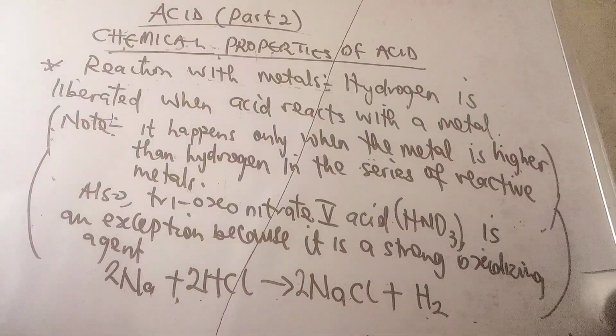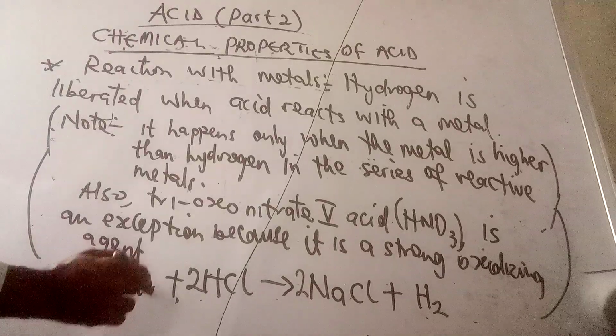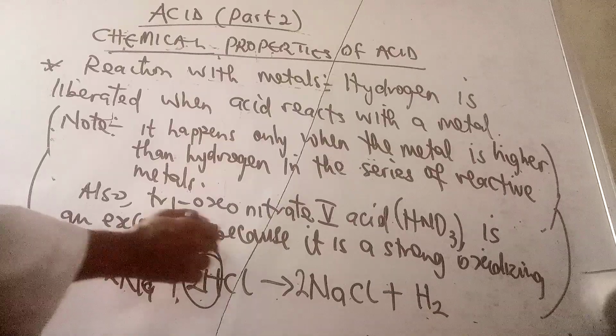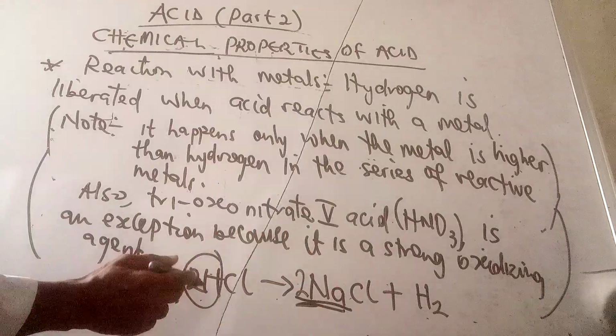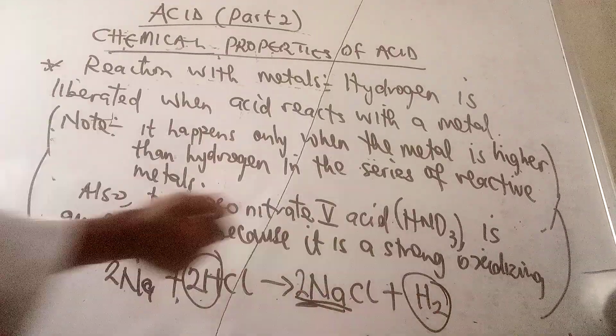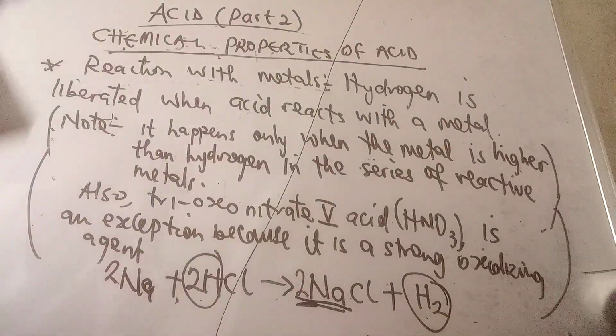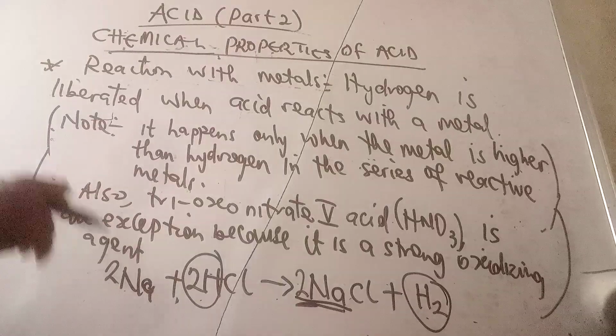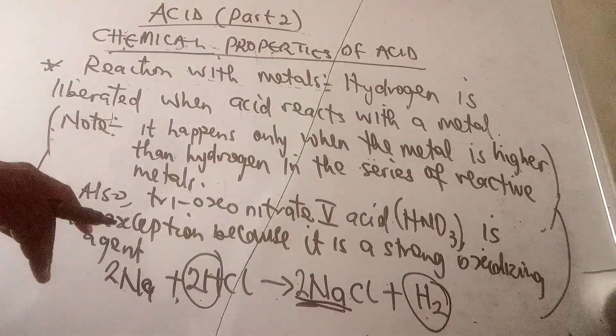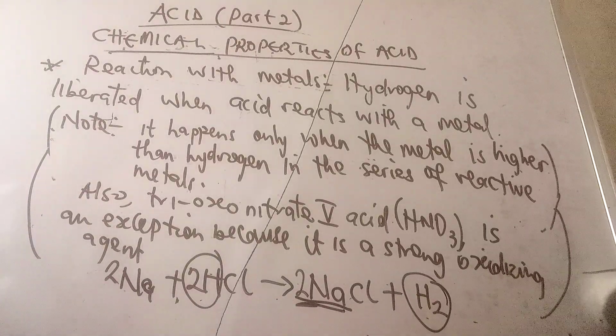And it's balanced now. So you can see that this sodium has taken over this hydrogen here, and this hydrogen is now on its own, it's being liberated. But this is possible because sodium is higher than hydrogen in the series of metals, which I'm going to give you before the end of this video.